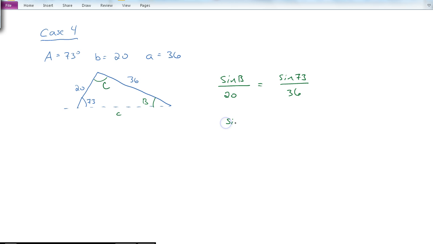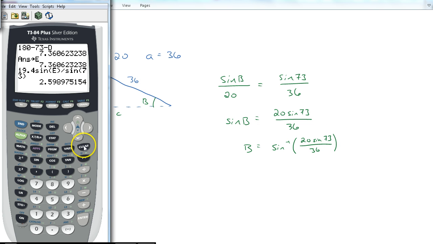So therefore sine of B is equal to 20 sine 73 over 36. And so B is equal to the inverse sine of 20 sine 73 over 36. And I know I could simplify that fraction, but it doesn't help me if I'm typing into a calculator.